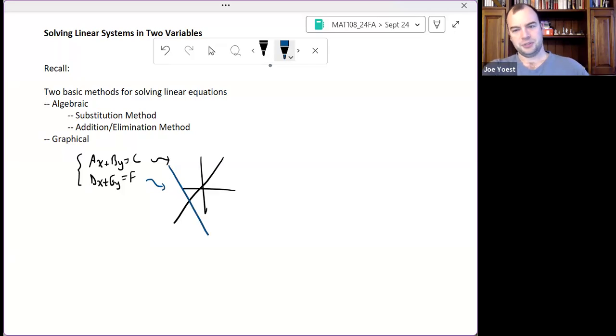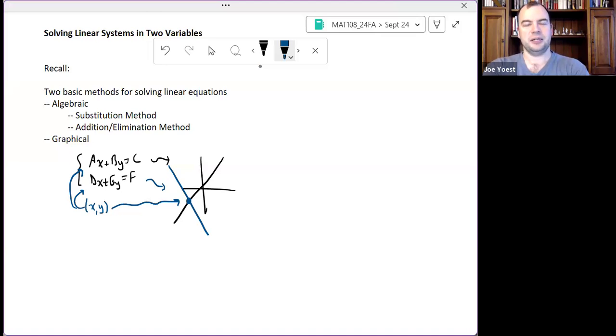And we're thinking of a solution as an ordered pair x comma y that simultaneously solves both of these equations algebraically, or graphically what that means is it's a point that is simultaneously on both lines. So graphically speaking, we're looking for the intersection of two lines.